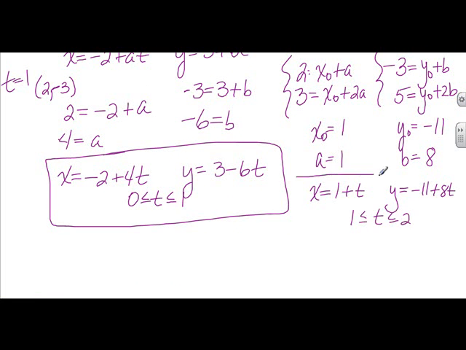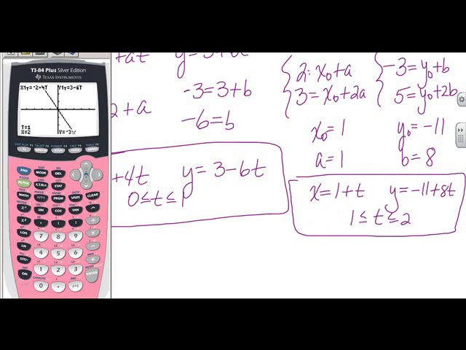I'm going to turn off my, I'll just change the equations that are in here. 1 plus t and negative 11 plus 8t. This time we're going from a t minimum of 1 to a t maximum of 2.